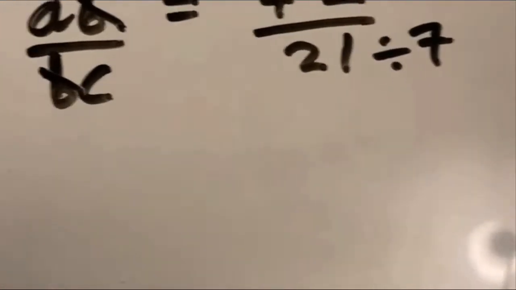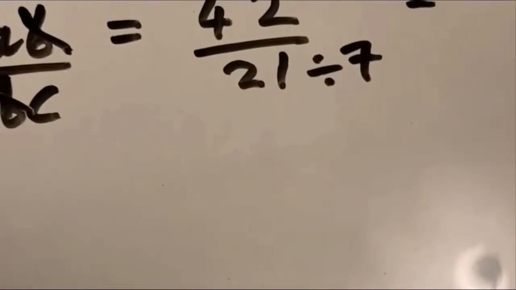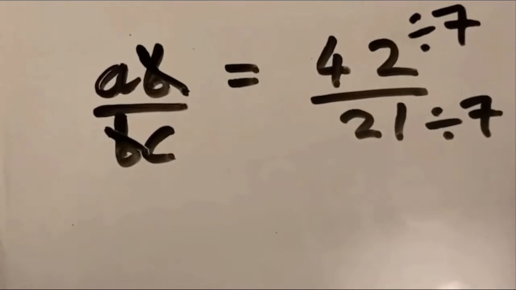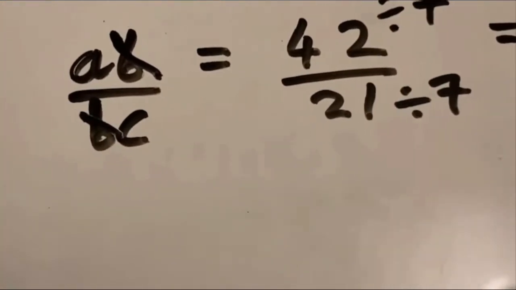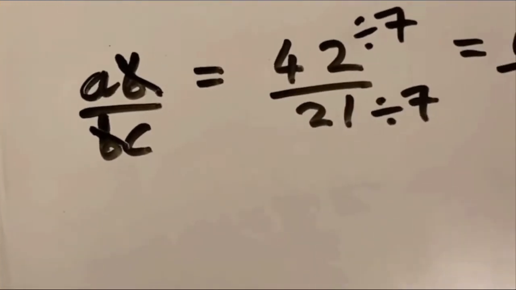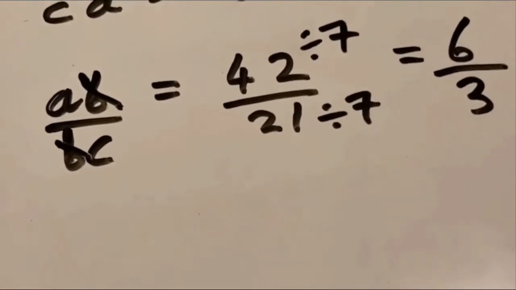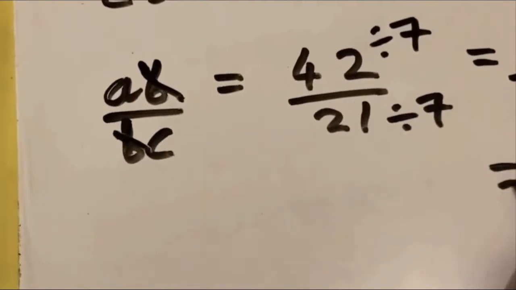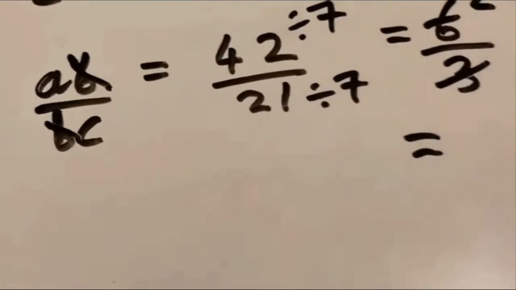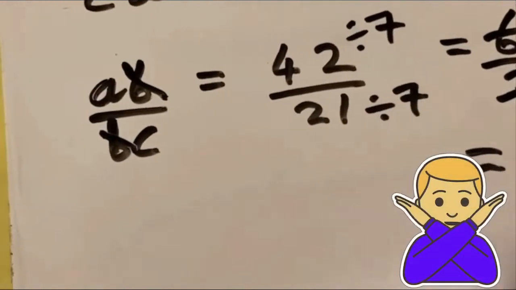Now you get, because 42 divided by 7 is 6, and 21 divided by 7 is 3, 6 over 3, but this can be further simplified. You know that 6 is double of 3, so that's just 2.